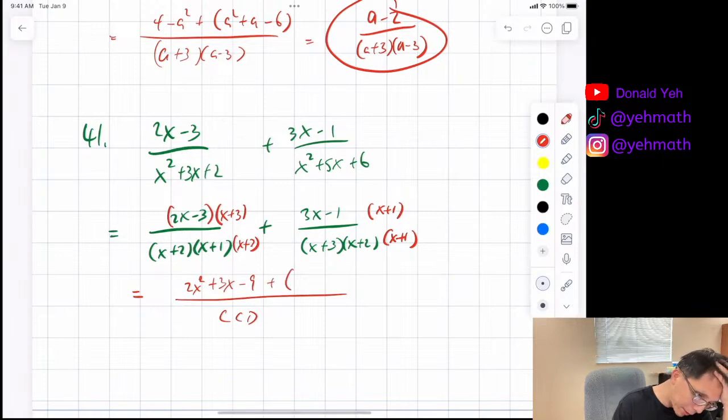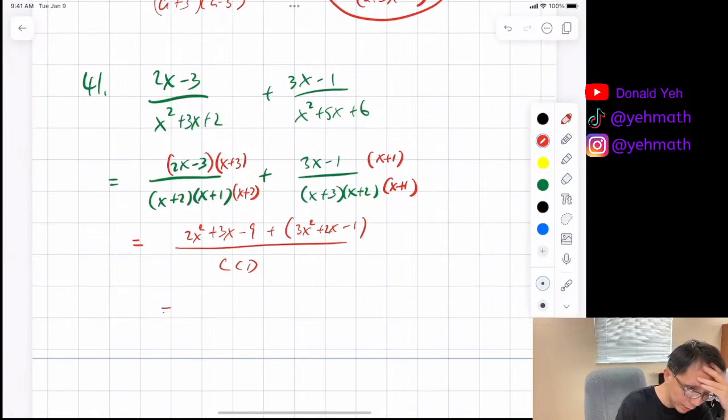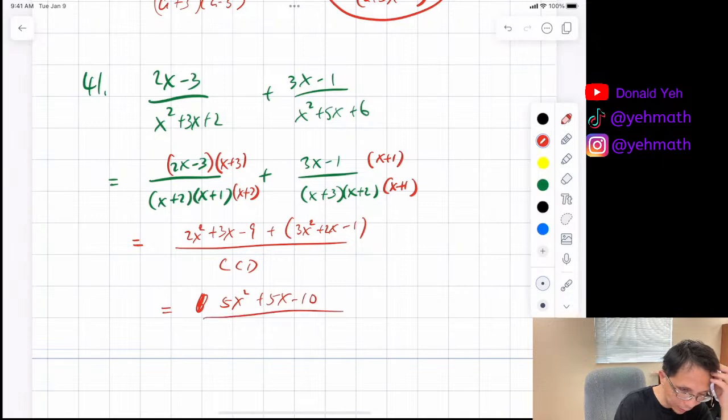I hear there's a parenthesis, but plus sign doesn't really matter. It's when minus signs are there that it causes trouble. So plus sign's not a big deal, which is good. 3x squared plus 3x minus x, so it's going to be plus 2x minus 1. So that's going to be 5x squared plus 5x minus 10 over x plus 2, x plus 1, and x plus 3.